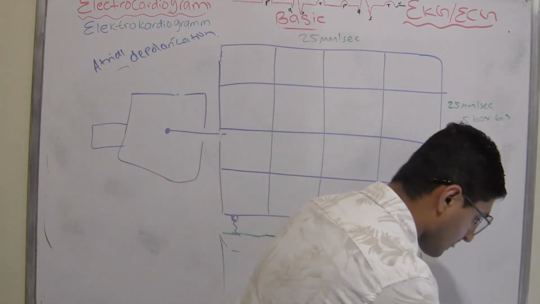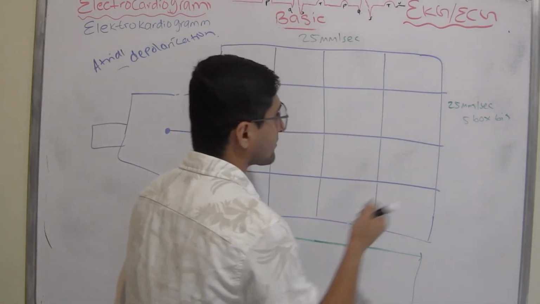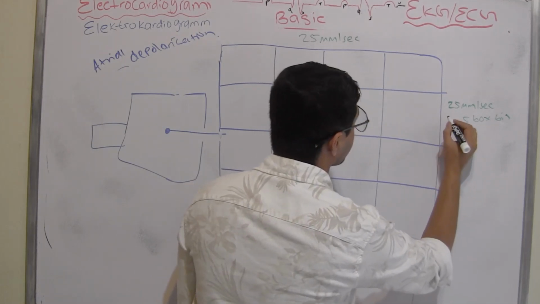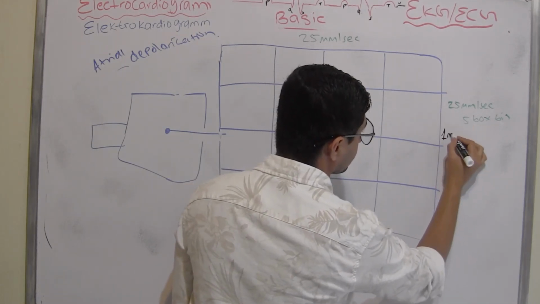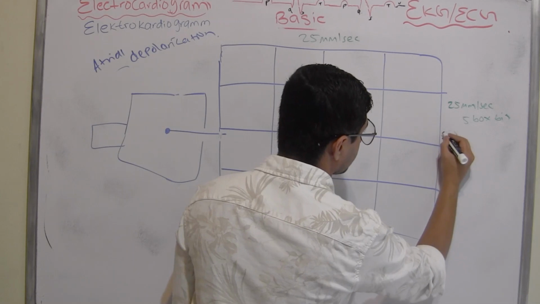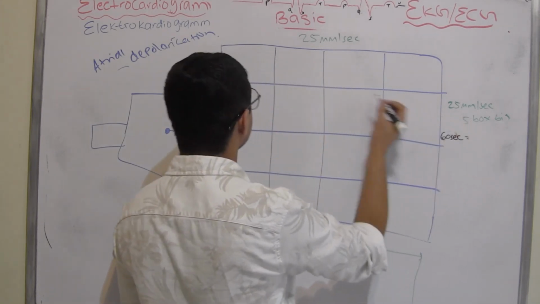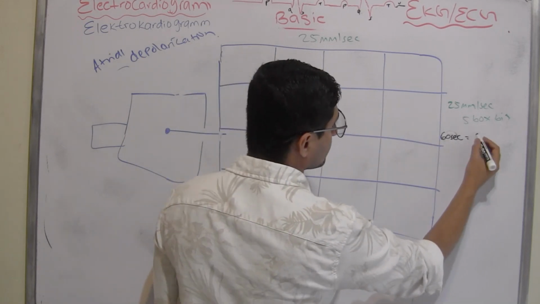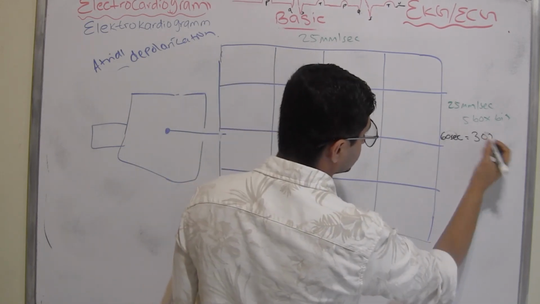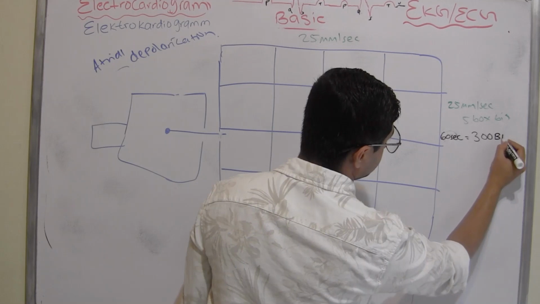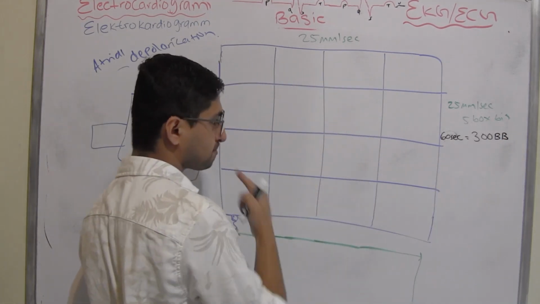So basically, in 1 minute, let's say in 60 seconds, what happens is that about 300 big boxes pass through.